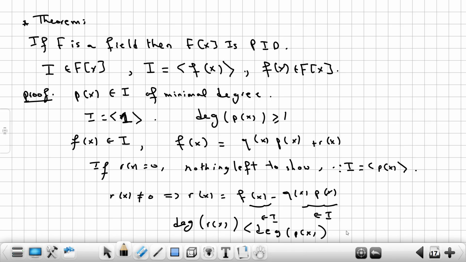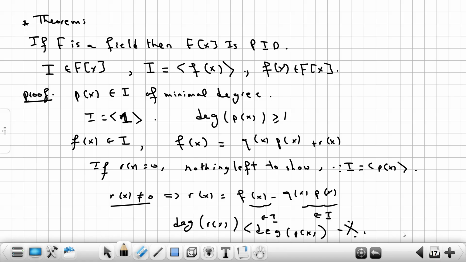That's a contradiction. We find a non-zero element in I of degree strictly less than the degree of p(x), which is the minimal degree, and this is a contradiction. So no case that r(x) is different than 0. r(x) must be equal to 0.